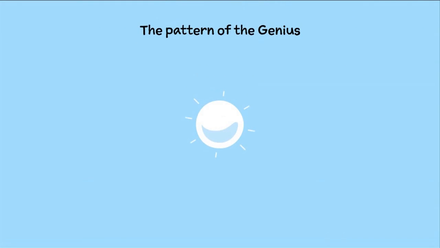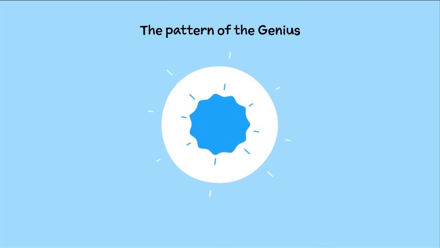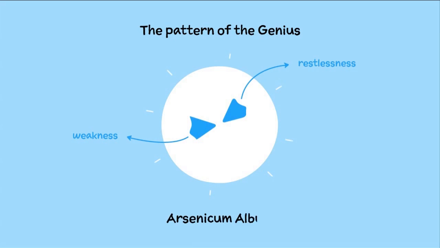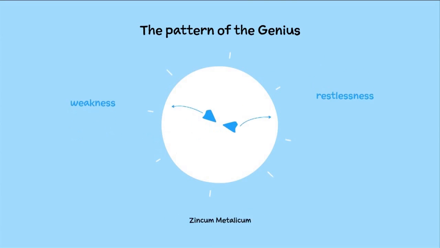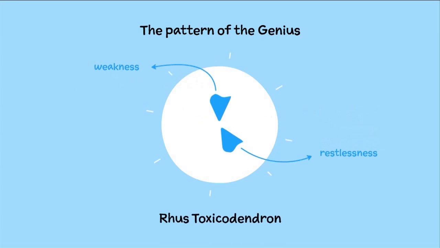The third pattern is the pattern of the genius. The genius is a much more subtle aspect than symptoms or system. It's the main idea, the flavor, the essence, the grand general of the remedy. Initially, it was thought that the genius of each remedy can be represented in a few words. For example, weakness and restlessness for arsenicum album. However, such an oversimplified expression can create confusion, because such a genius would describe several other remedies, like zincum metallicum and rus toxicodendron.